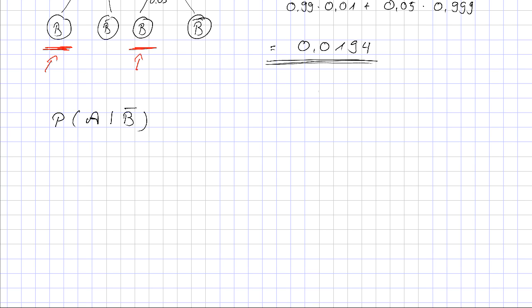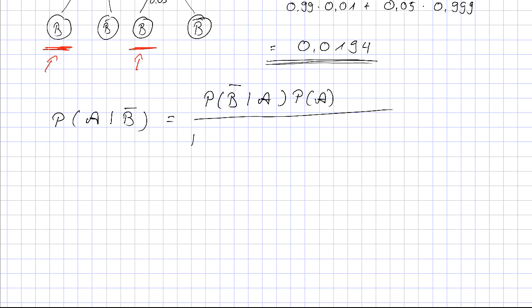What's the chance? And that's then P(B not given A) P(A), and here we have P(B not given A) P(A) plus P(B not given A not) P(A not).